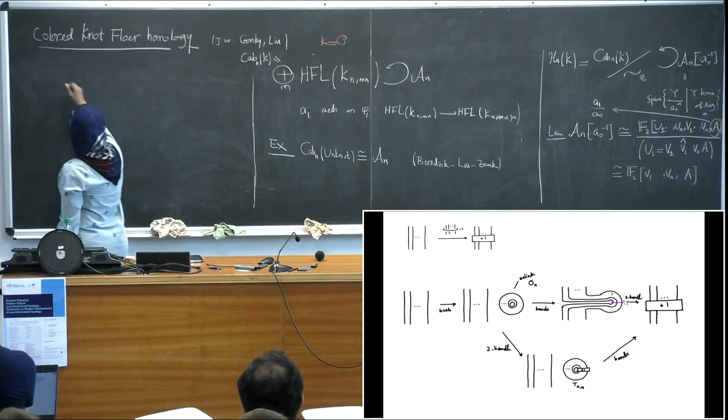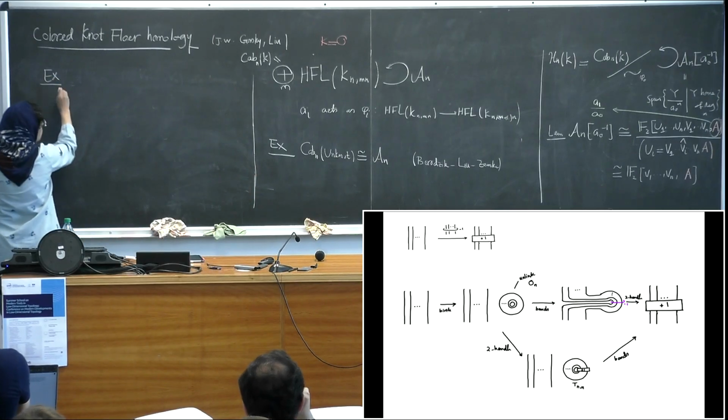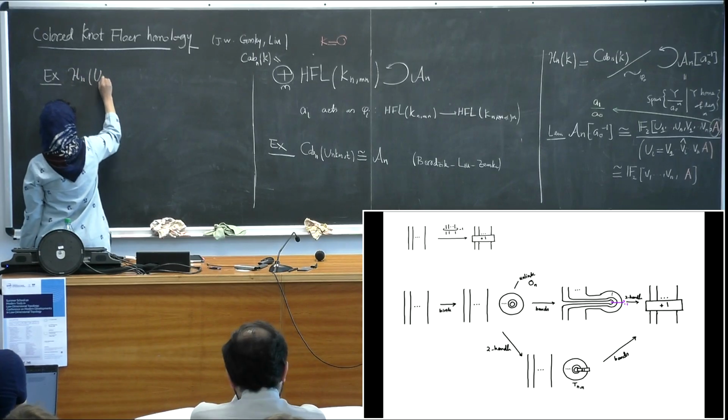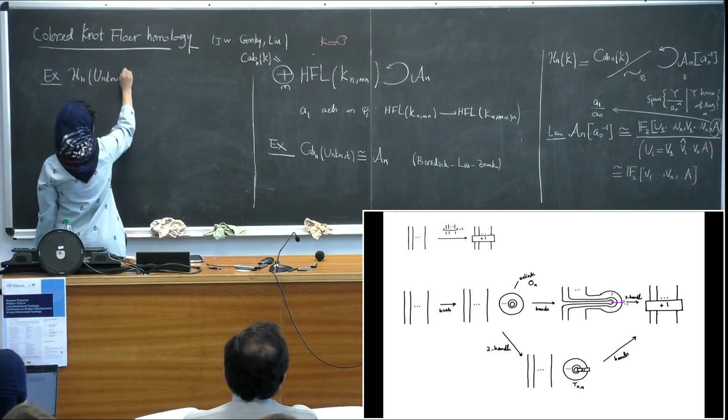First example is the unknot example, which is Hn of the unknot is just that.